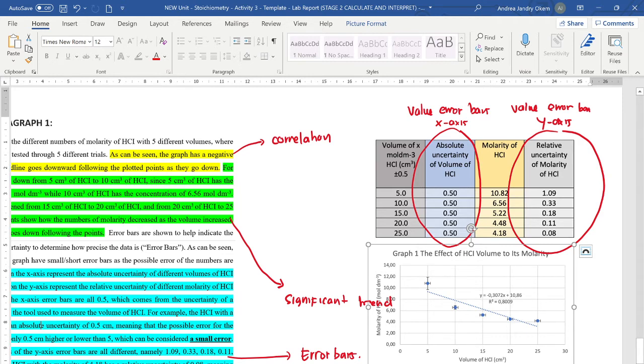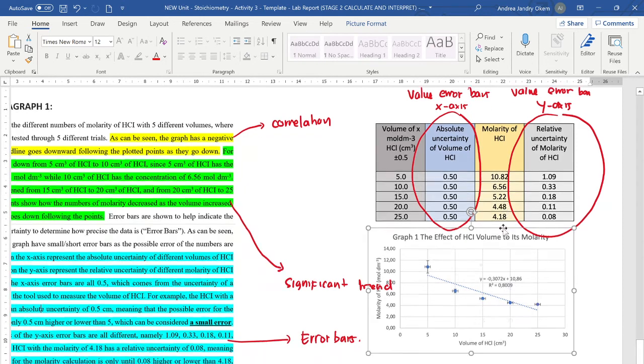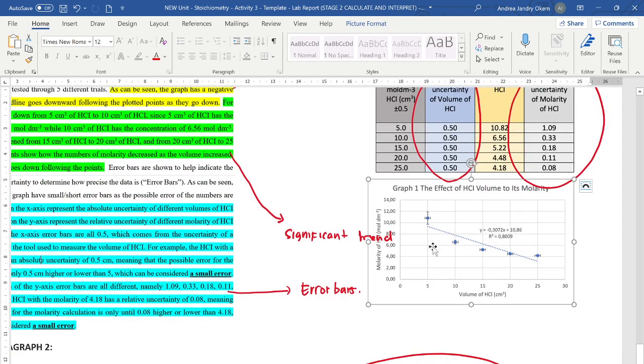This one also, 10.82 and then 1.09. That's the y-axis error bar. It's 1/10, so small. How do we know it's big or small? By looking at the value, or we can see from the graph.